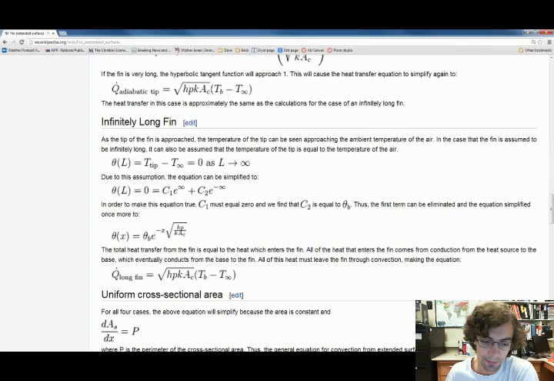Also, the other thing to note about this is that, as I said, it involves the convective heat transfer coefficient. However, we don't really have a good prediction of it. We have a range that we may expect h to vary between, depending on what the thermal boundary layer looks like and things like that.